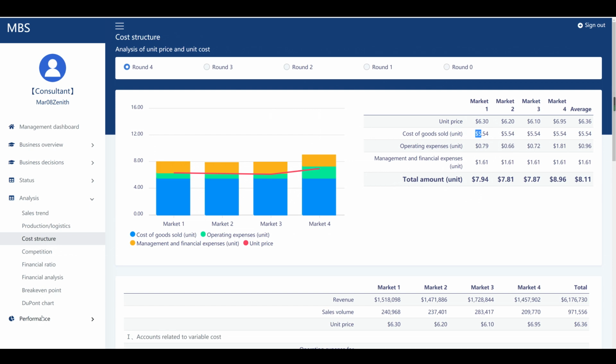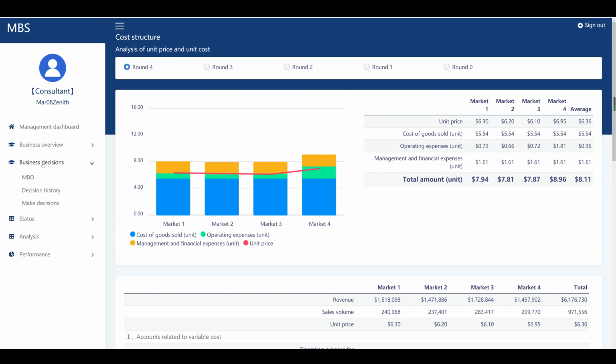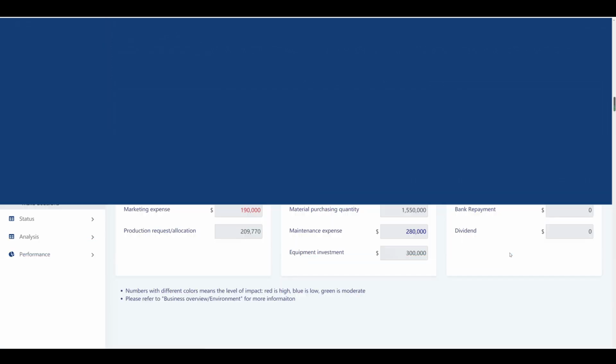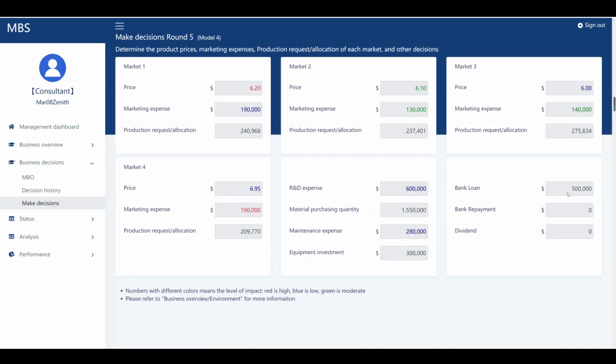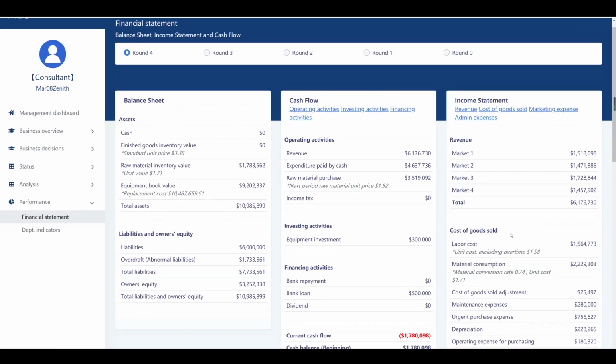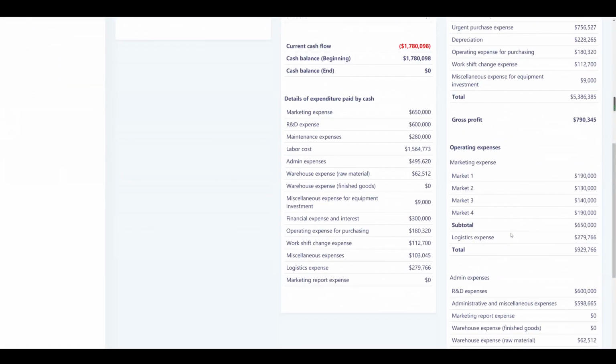But there is also a drawback, which is the capital become less. And if you're running low in cash, you may have to borrow money from the bank. And you can see in the make decision page, there is a column for bank loan. So if you're running low in cash, you may want to borrow money from there.